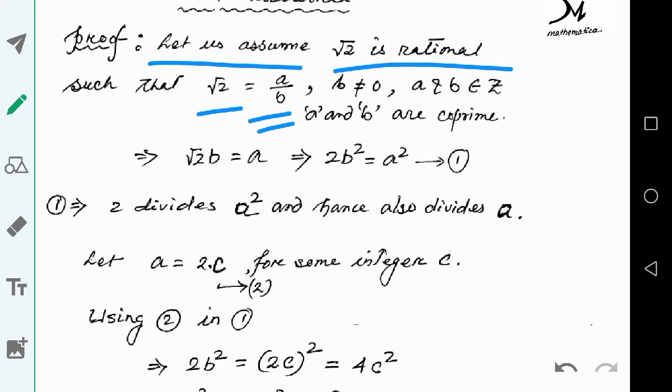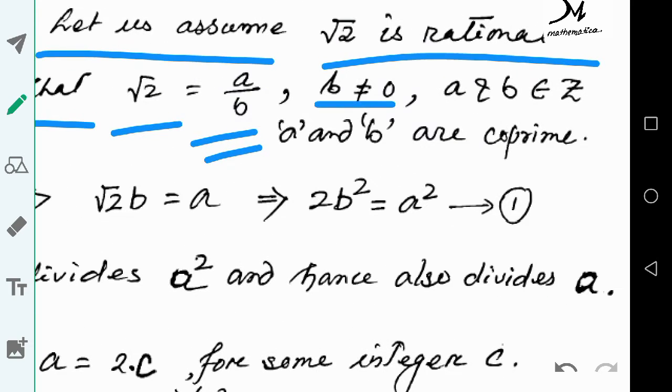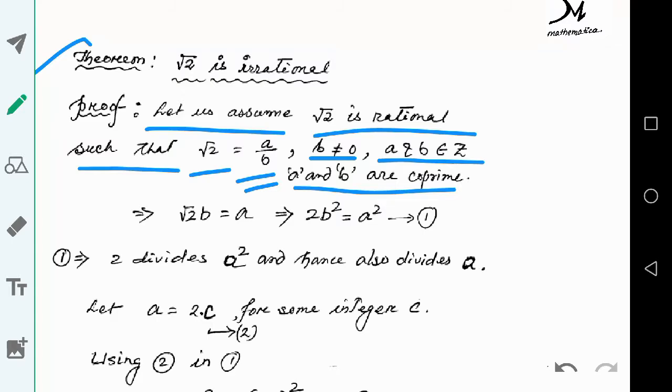So let us assume root 2 is a rational number such that root 2 is equal to a by b, where b is not equal to 0 and a and b belong to Z, means they are integers, and they are co-prime. Co-prime means numbers having no common factor other than 1. That means a and b have no common factor other than 1, so these two cannot be divided by the same number. So that is the meaning of co-prime.